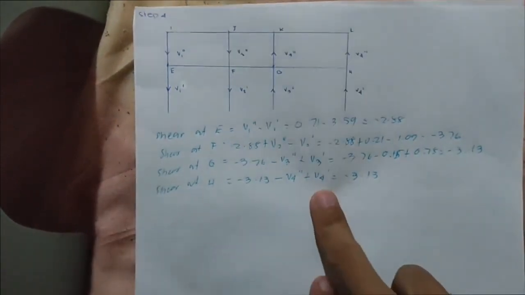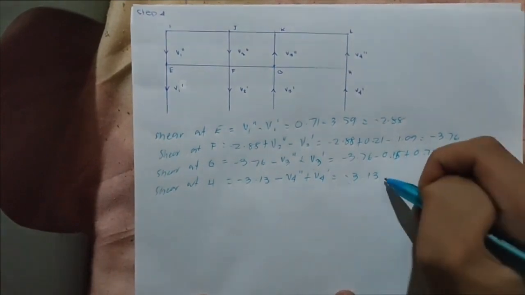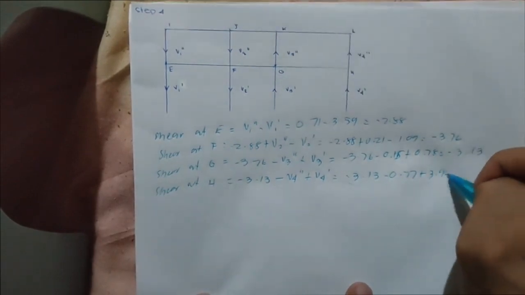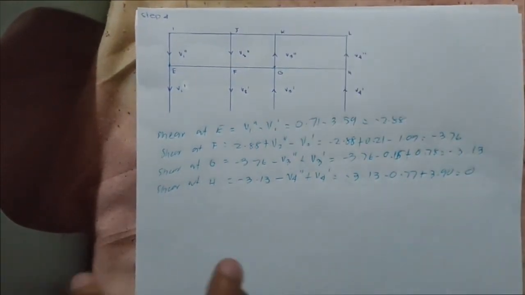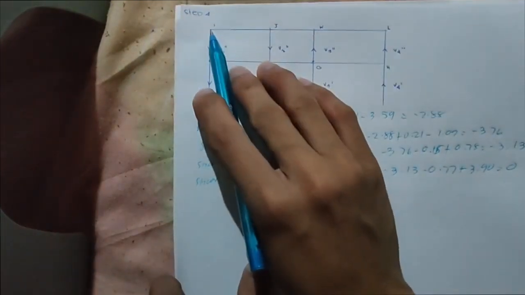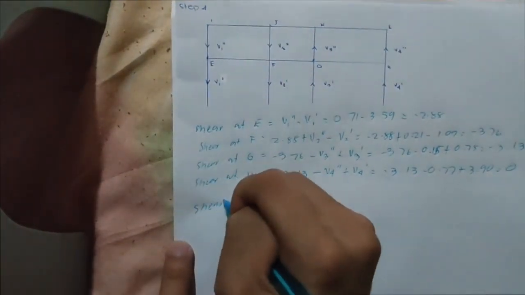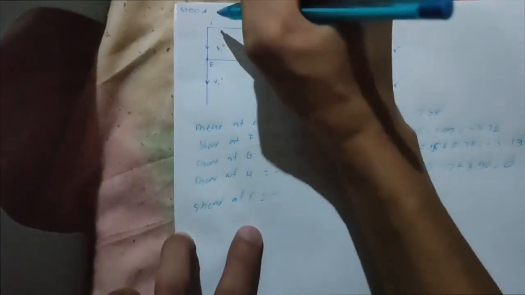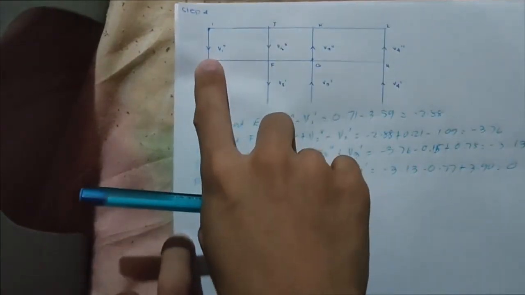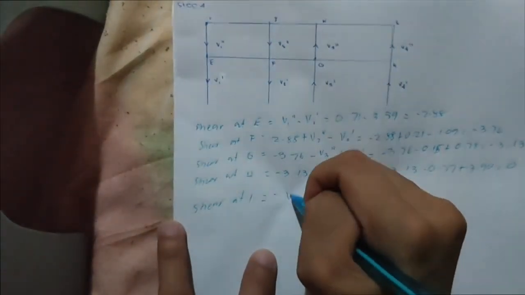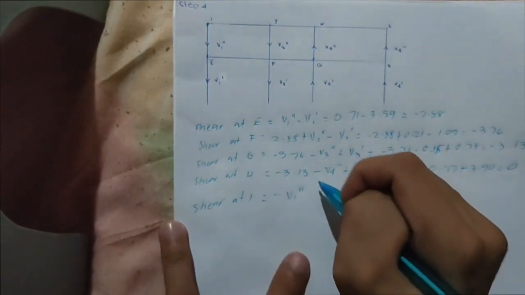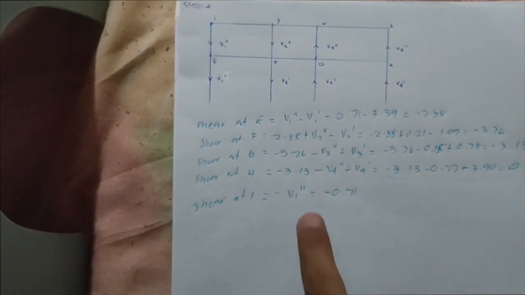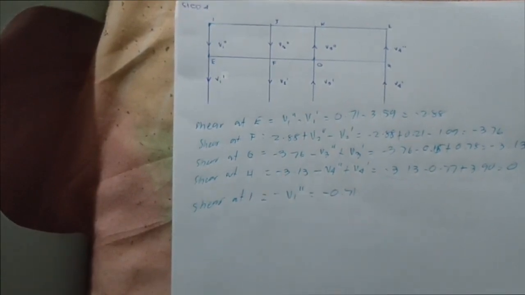We input the values we already got: 0.77 plus 3.90 is equal to 0. Now shear at I. Shear at I is negative, since the arrow at this point shows V1 second floor going away, so V1 second floor is negative 0.71, which we already got.